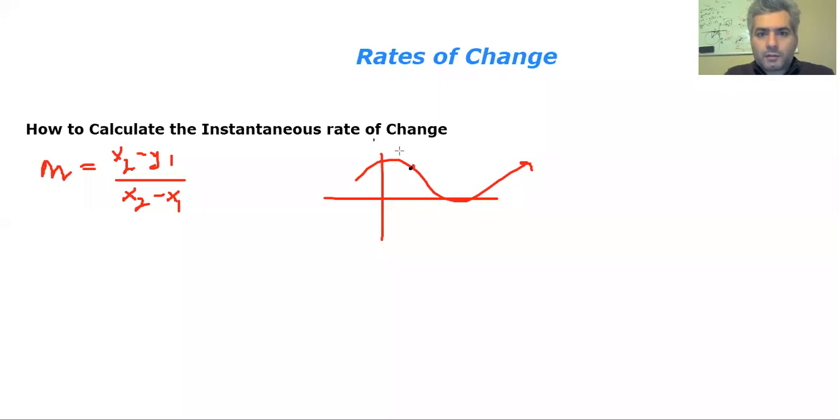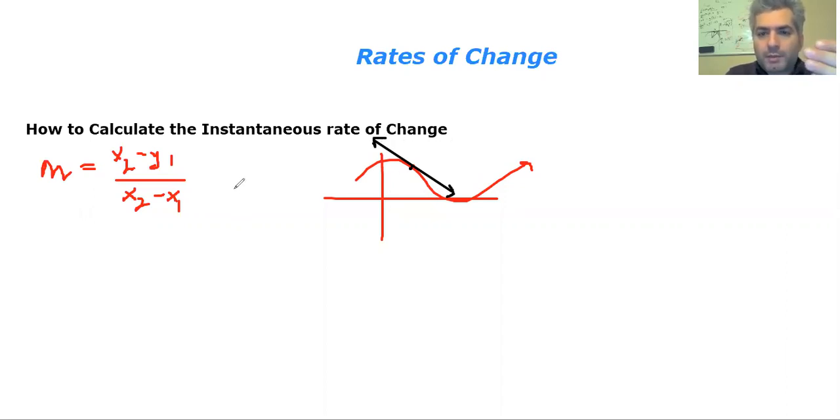Here, let's draw like this. So let's say this is your line, and that's the line crossing that one point. So this line represents that slope at that particular point.